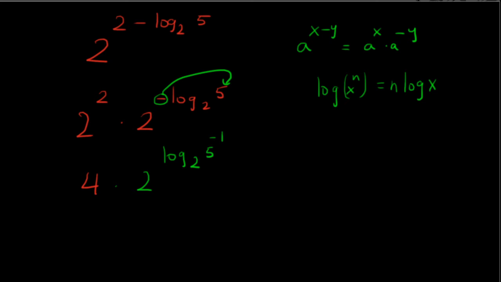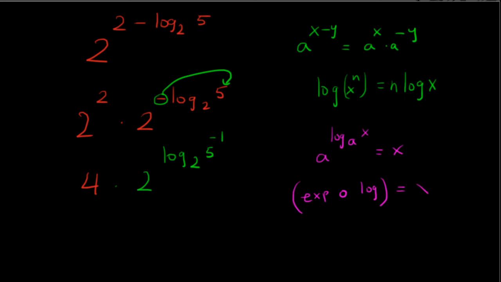Another property we should know is that if I have a to the log base a of x, this has to equal x. The idea is that you're composing two inverses of each other: an exponential composed with a log.